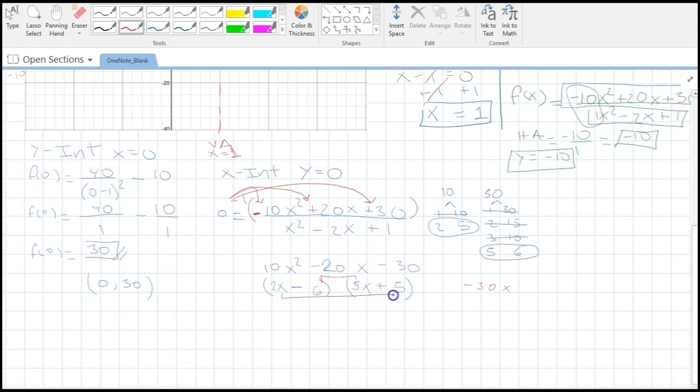I multiply outers, that gives me a positive 10x. Because the signs are different, I subtract, keep the sign of the largest number, that gives me negative 20x. If this number matches the middle term, that means our factoring is correct.